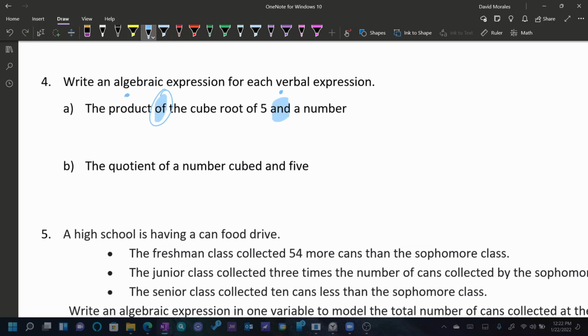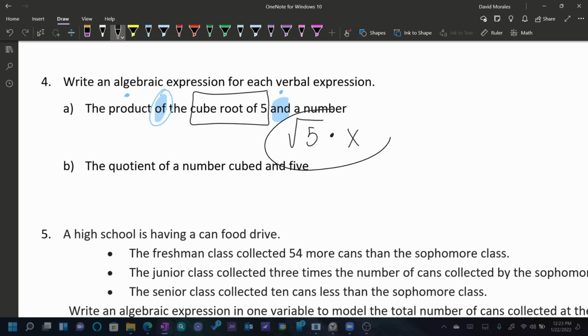So this you will write: the first participant in this group is the cube root of 5. So cube root of 5, and times, because this group is multiplying, a number.